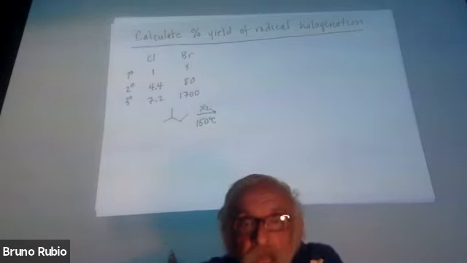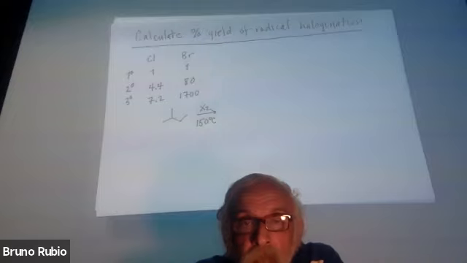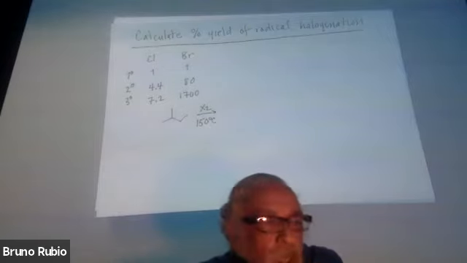So tell me in the chat. How many different products am I going to get? How many different constitutional isomers of halogenation am I going to get? Tell me in the chat, how many products? Anybody have a guess out there?